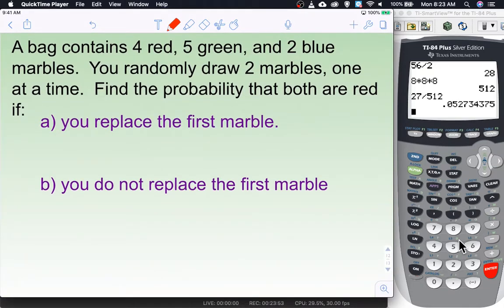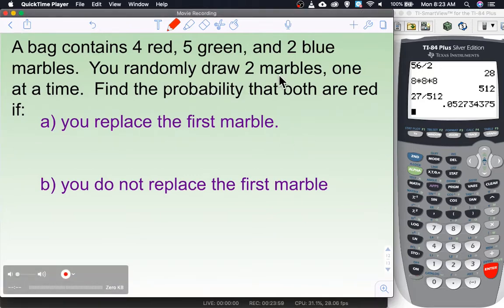A bag contains 4 red, 5 green, and 2 blue marbles. You randomly draw 2 marbles, one at a time. Find the probability that both are red if you replace the first marble. Okay, so I want the probability of both being red with replacement.